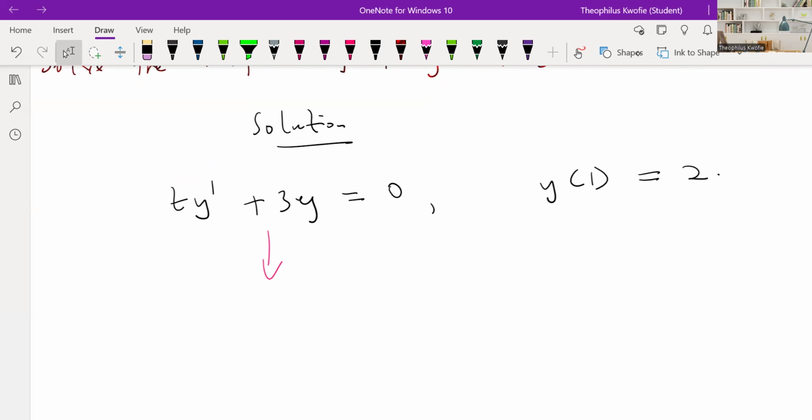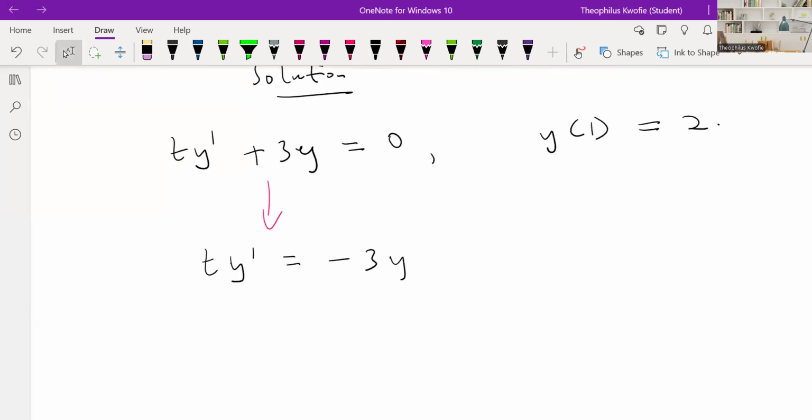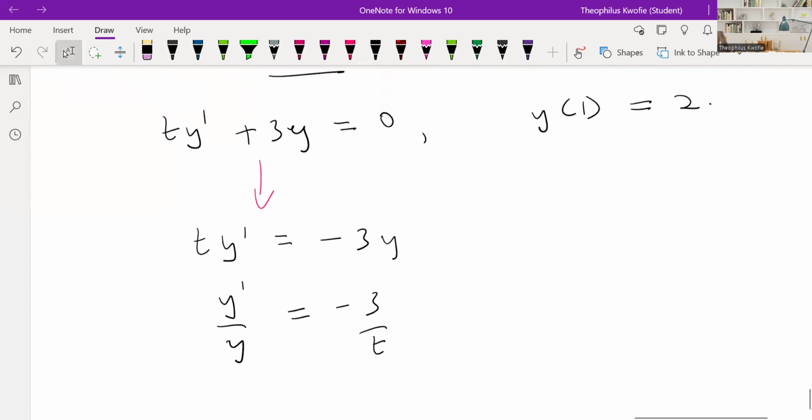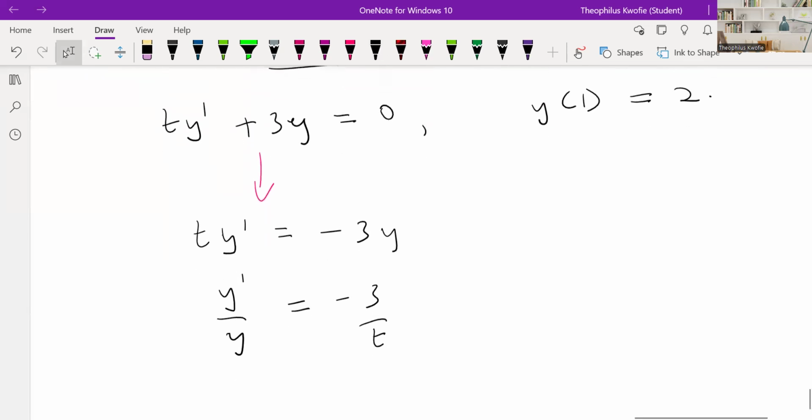If you recall what we did earlier on, we claimed that this can be written as this, and then when we massage it a bit, we can write it this way. Does that make sense?